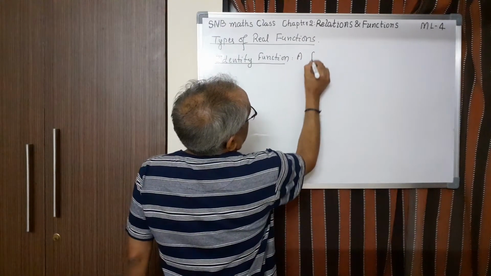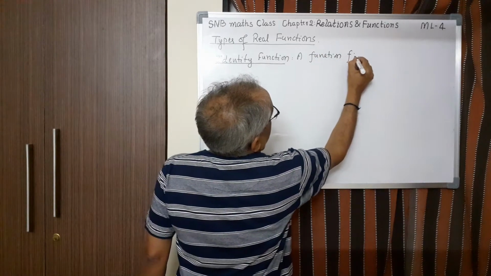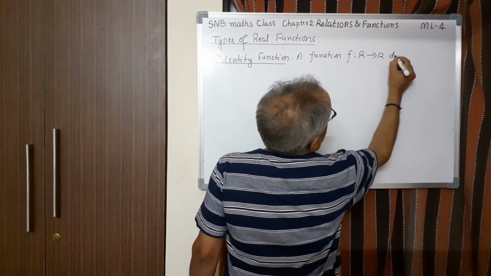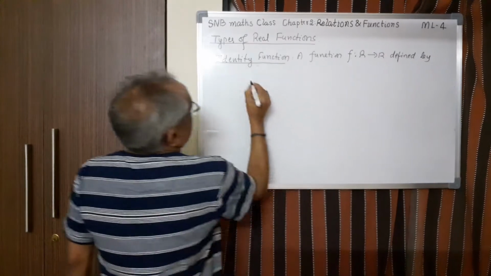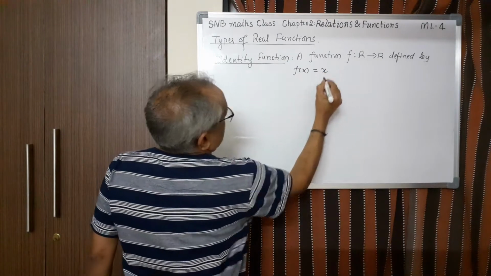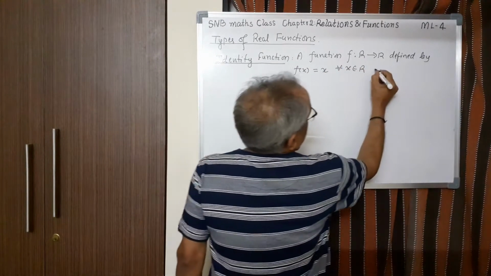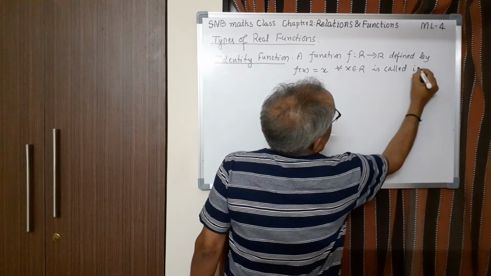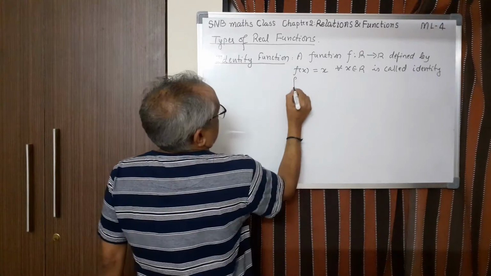A function f from R to R defined by f of x equal to x for every x belonging to R is called identity function.